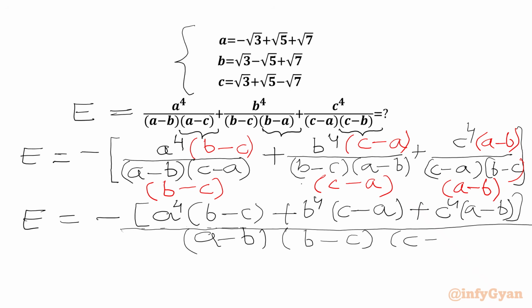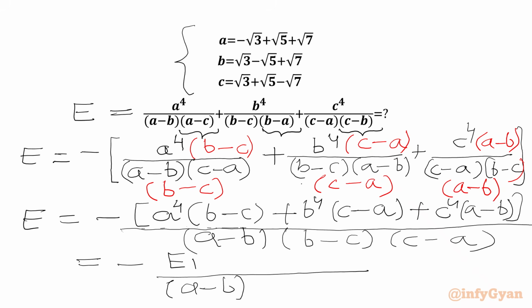times C minus A. Let us assume the square bracket in the numerator equal to E1. So we will write minus E1 over A minus B times B minus C times C minus A. This we will consider equation number 1.